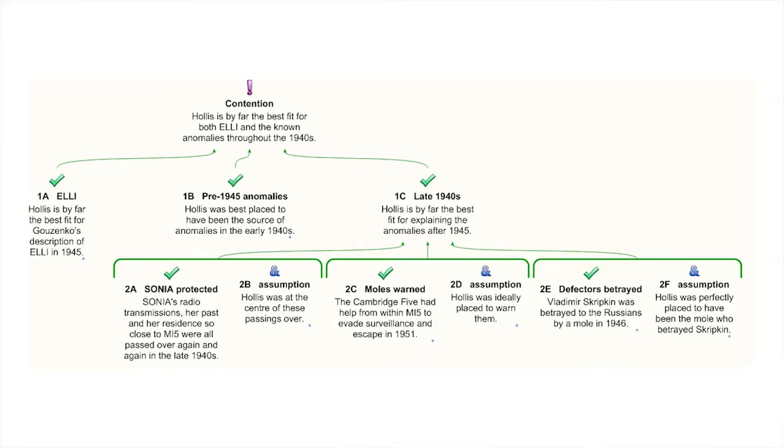I refer in the map to Vladimir Skripkin, who, based in Hong Kong, put out feelers to British intelligence people that he would defect. The fact that he was putting out these feelers was known in MI5 and would have been specifically known to Hollis. And Skripkin was betrayed to Moscow, so that when he innocently returned to Moscow believing that he could tidy up his affairs and then defect, he was arrested, interrogated and executed.